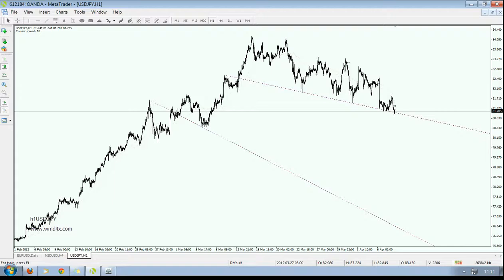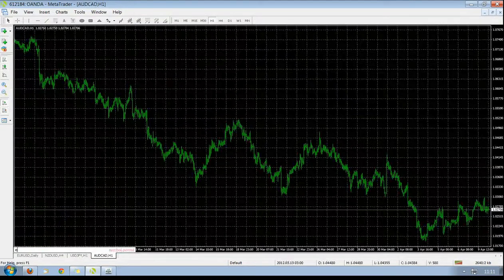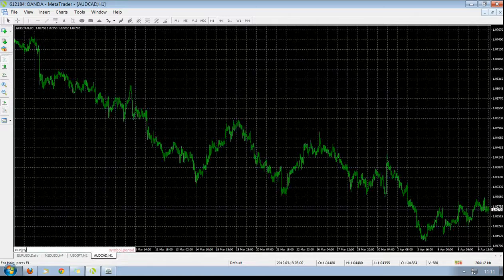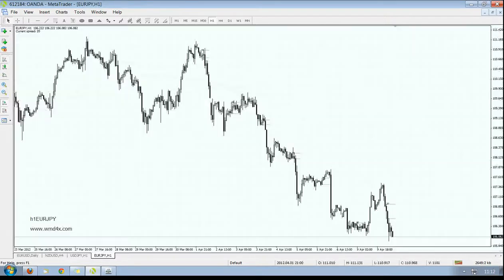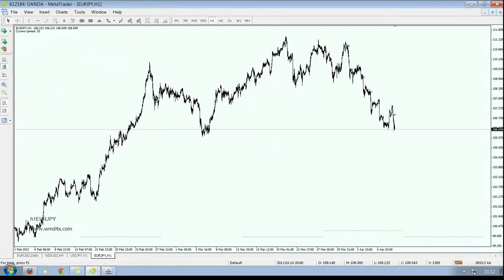Let's take a look at Euro JPY. Okay, so we're taking a look at Euro JPY. Euro JPY is quite interesting.